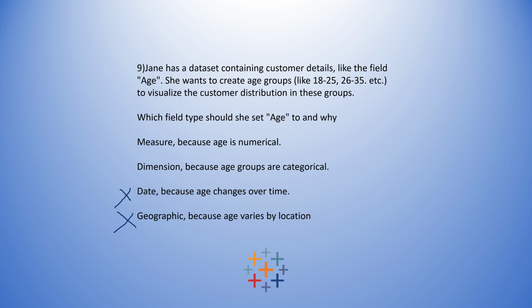Dimensions are specifically used for categorical fields. It is used for grouping, filtering and segmenting. So the second option, dimension, is the correct option here. Measure is not correct because age groups will be categories, right? It will be categorical data and not numeric data, so measure is also not correct.